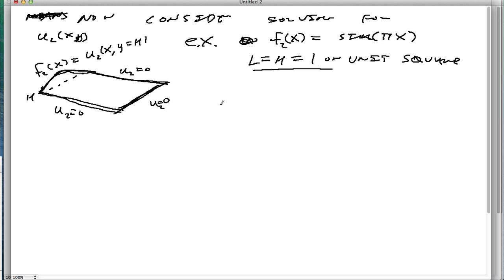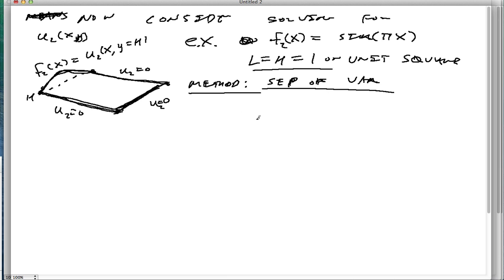What we're going to use is again the method of separation of variables. The separation of variables gets a little trickier with the Laplace equation relative to the heat equation. So we have to be careful, and every time we do a different side, we have to make sure that we pay attention to all the steps, because each side will be a little different, but they all go along the same basic pattern.